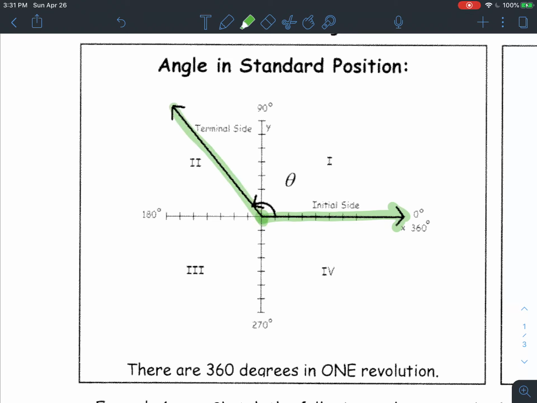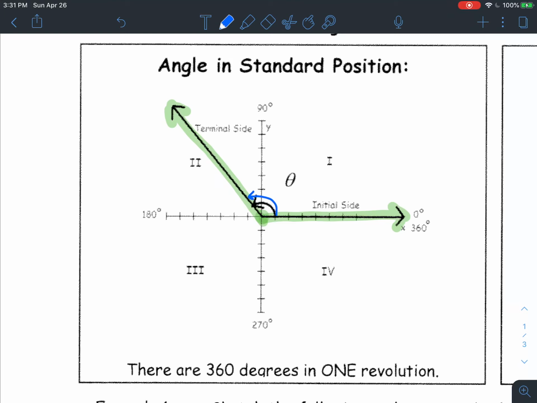So then the angle that's formed, as you can see here by the arrow, and the variable we're using is theta, would be how far we rotate from the initial side over to that terminal side. And again, how far we rotate is based on what the angle is that we're trying to graph in standard form.